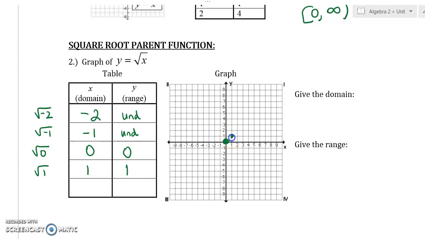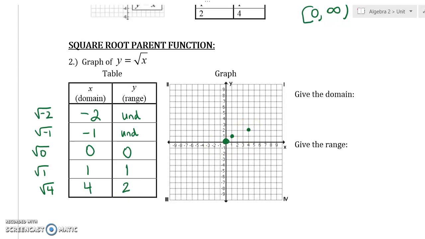So I have my second point, which is 1, 1. Now, I can go ahead and pick 2 as my point, but the problem with that is I don't know what the square root of 2 is, but I do know the square root of 4. So I'm going to make x 4. And what is the square root of 4? Yes, it's 2. So we're going to go ahead and plot 4, 2.